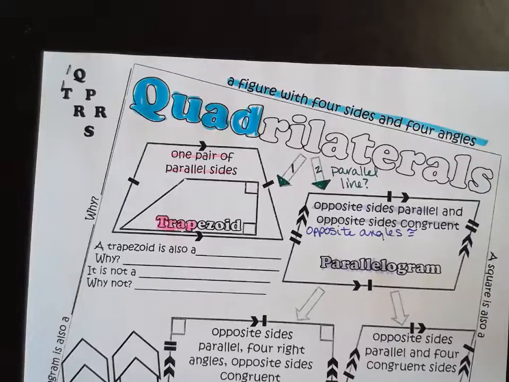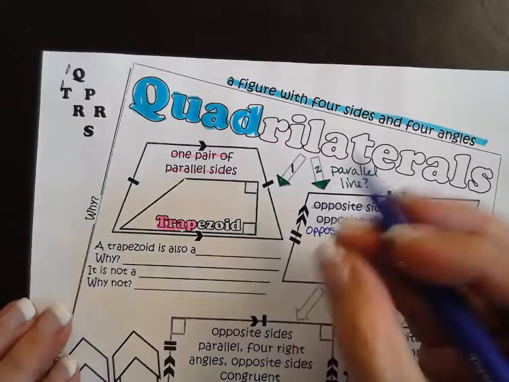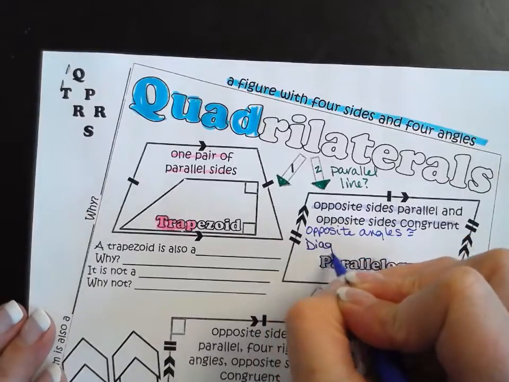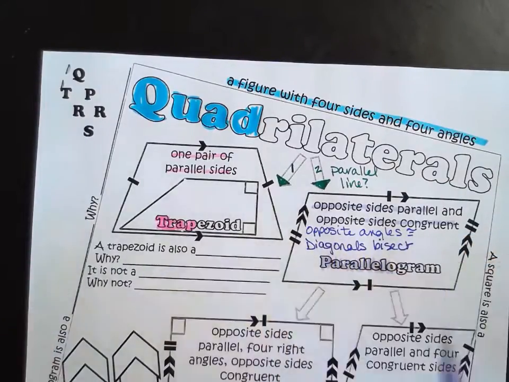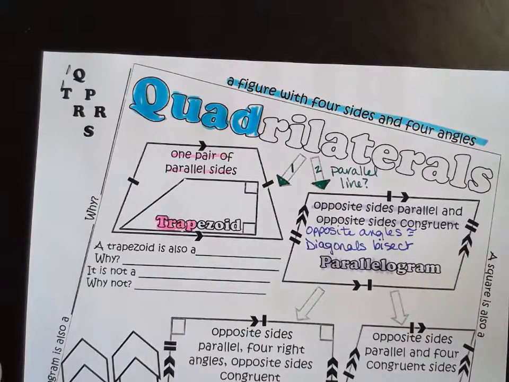What about the diagonals, what do we know? They bisect each other. There you go. Diagonals bisect. That's it. Okay. That's all we know about parallelograms, and that's fine.